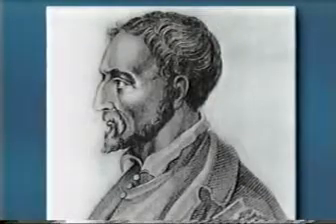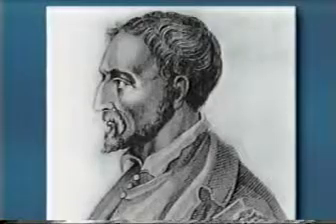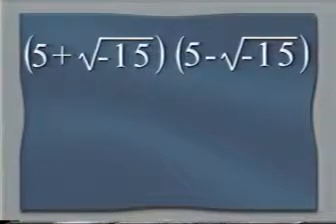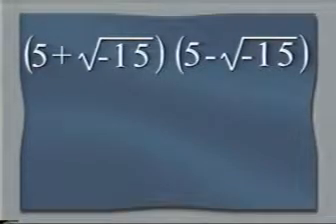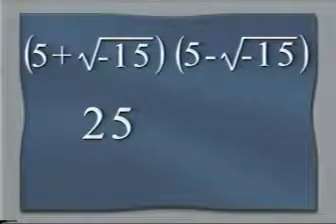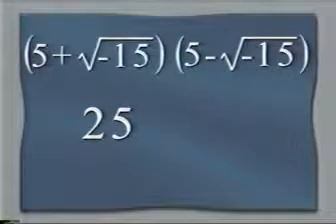And what Cardano said was that the answer was 5 plus the square root of negative 15 times 5 minus the square root of negative 15. And that would give you, when you multiplied it out, 40. Because 5 times 5 is 25. And again, you'll notice these are conjugates because the only difference is the sign.